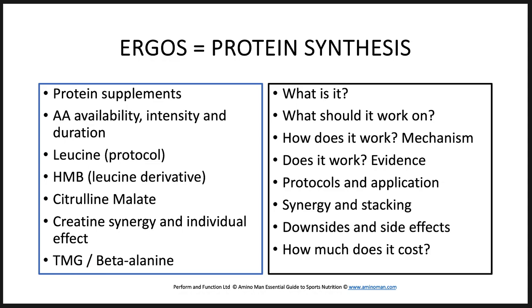Well, we have creatine, we have citrulline malate, we have HMB, we've got leucine. HMB is a leucine derivative. We've got aminos, we've got total protein intake, we've got protein from food, and the biological value of that protein. And we've got to weigh that all up.